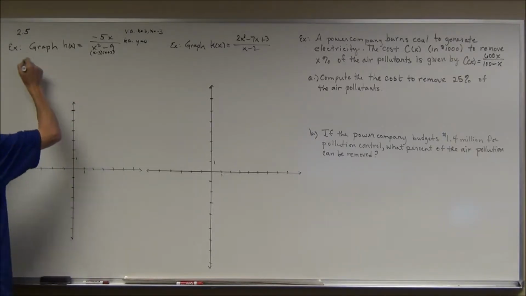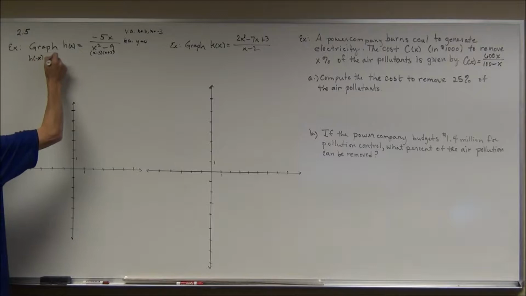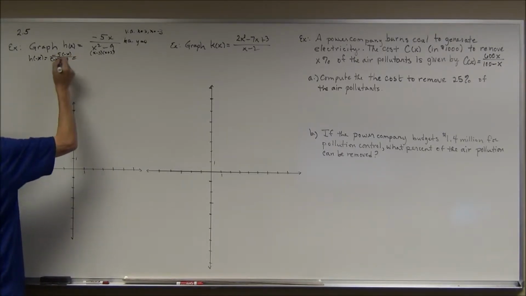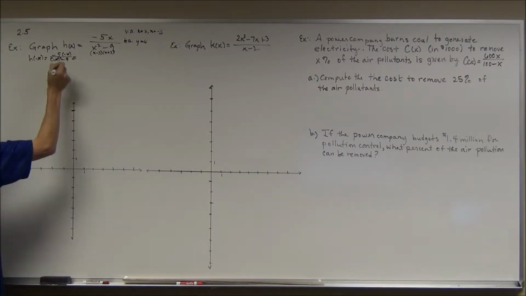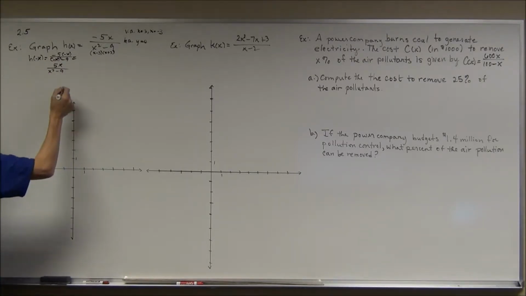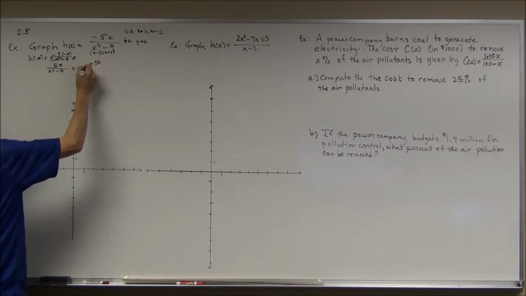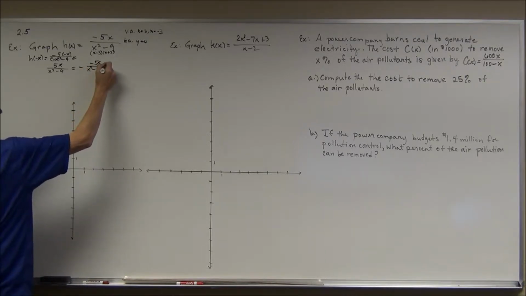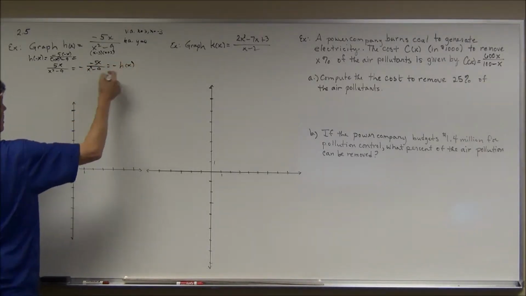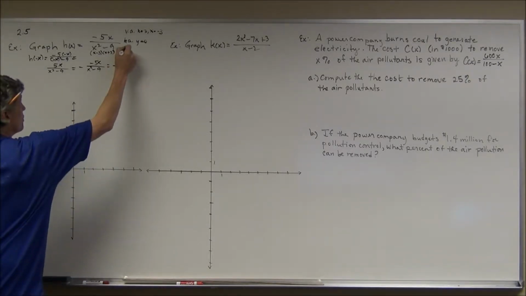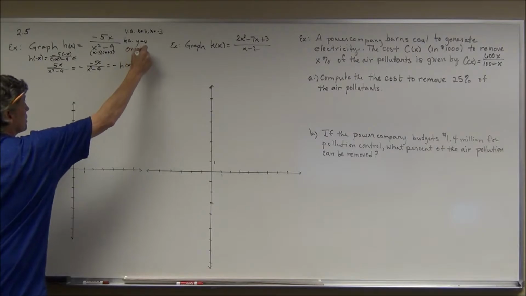If you take h of the opposite of x, so that would be negative 5 times the opposite of x all over the opposite of x squared minus 9, which is 5x all over x squared minus 9, because the opposite of x squared, hopefully you can still see that, it's kind of small, which would be the opposite of negative 5x all over x squared minus 9, which would be the opposite of h of x. Well, if h of the opposite of x is equal to the opposite of h of x, then we have symmetry to the origin. This is an odd function.